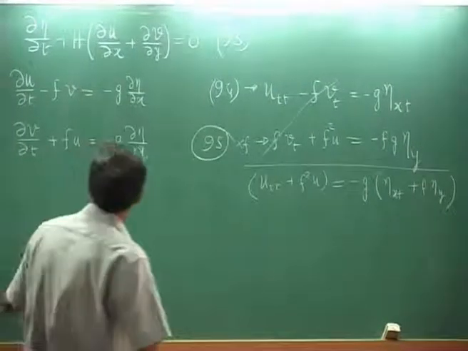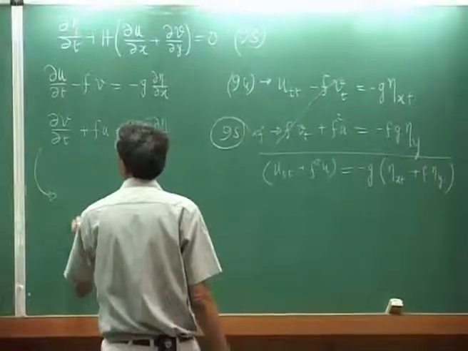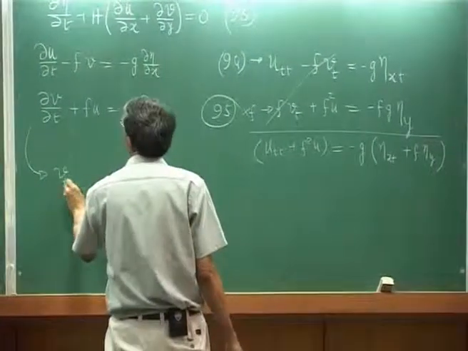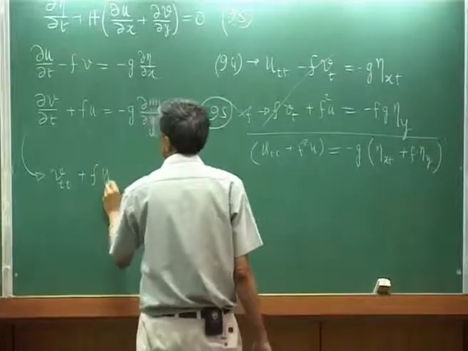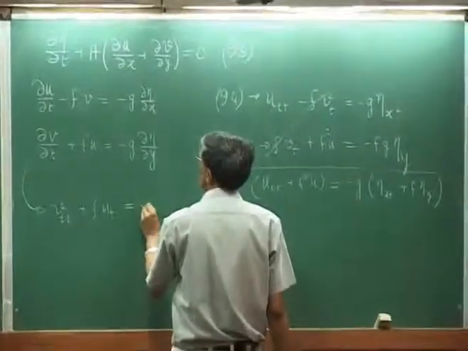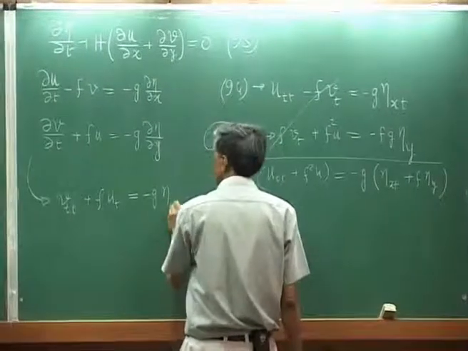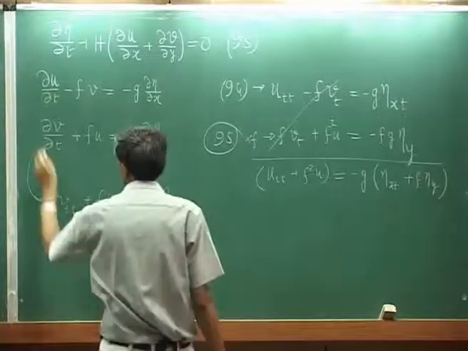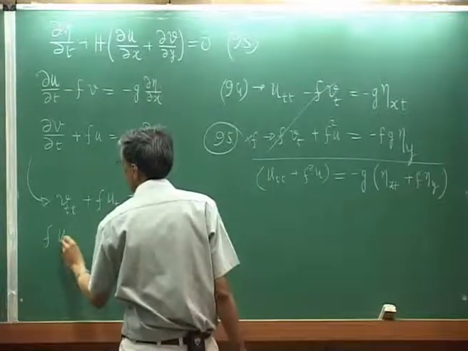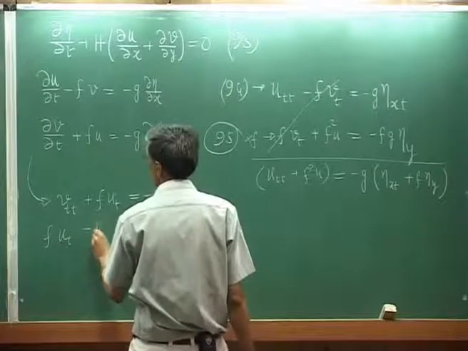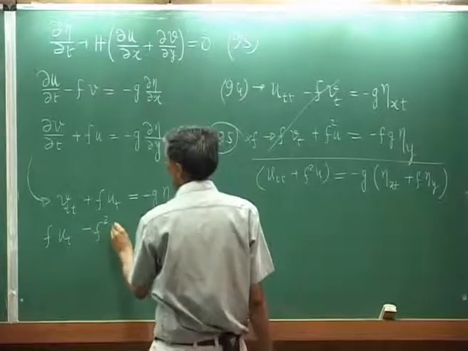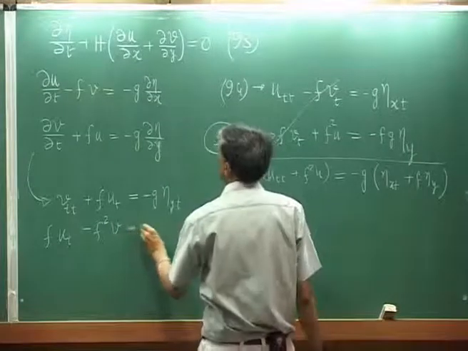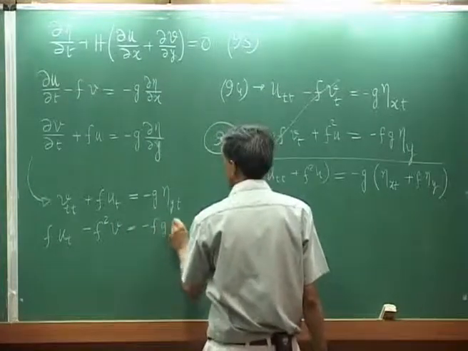Now, the next step: you differentiate this with respect to time, that will give you v t t plus f u t equal to minus g eta y t. Now, we are going to subtract f times this equation. So, that will be f u t minus f square v equal to minus f g eta x.